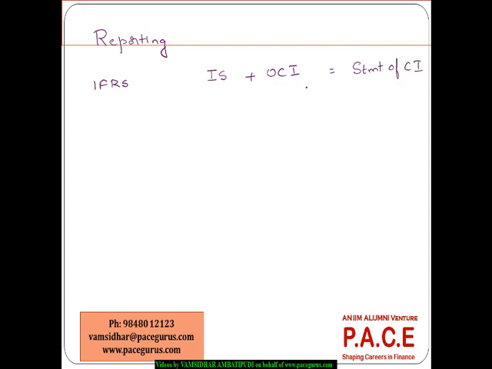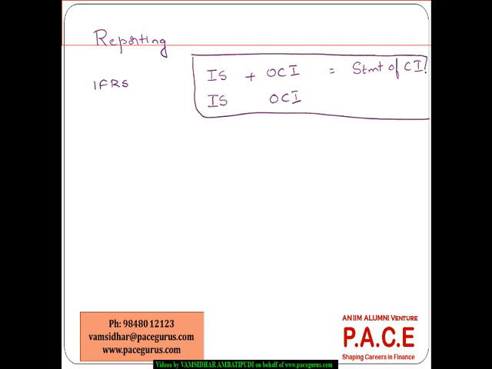Either they can be combined like this, or the income statement can be presented separately, and other comprehensive income can be presented separately. So either of these presentation formats is very much acceptable. But yes, I need to know which format the company is typically presenting. Even a few other accounting standards like US GAAP also go with this kind of presentation mechanism.